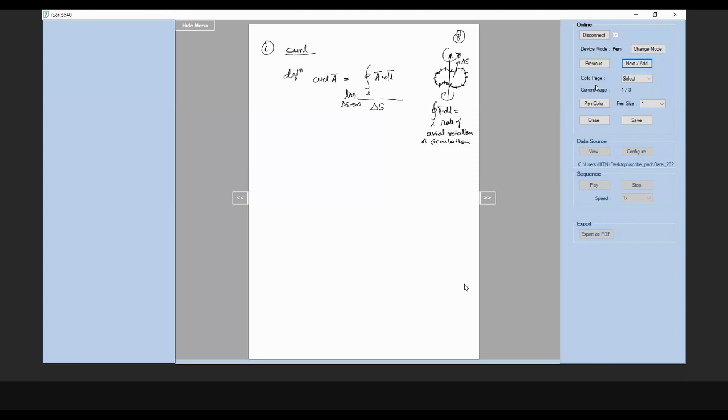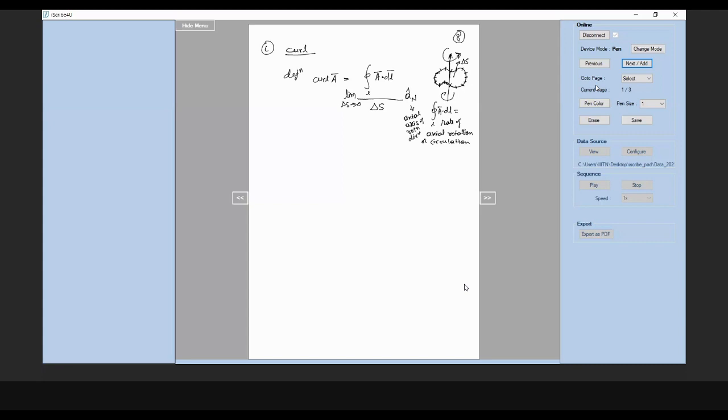Therefore, if curl has to be described completely in a meaningful manner, you have to have the unit normal vector along with it. That will always come. And therefore, a cap n is nothing but the axis of rotation direction.